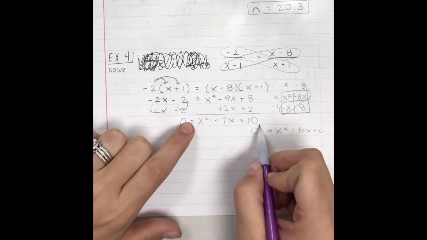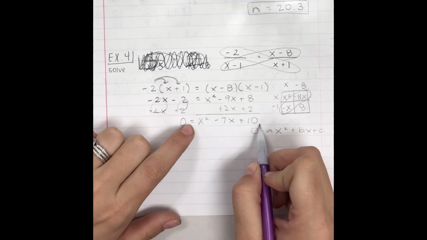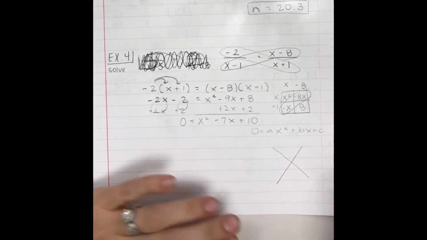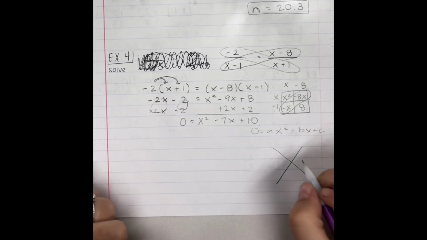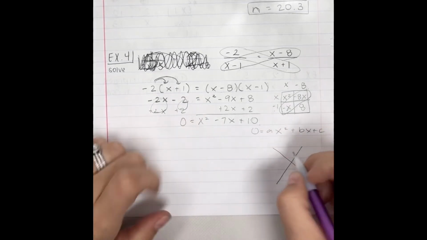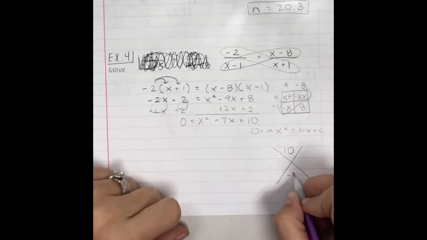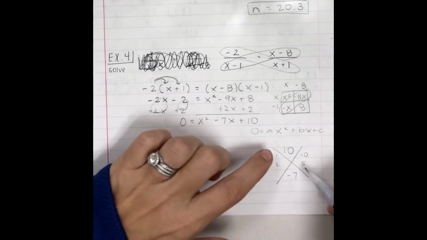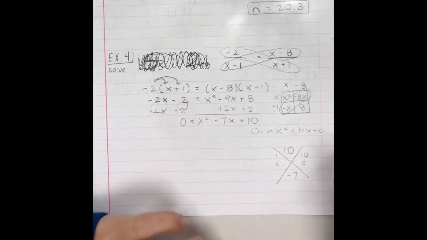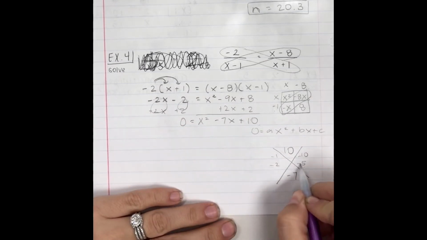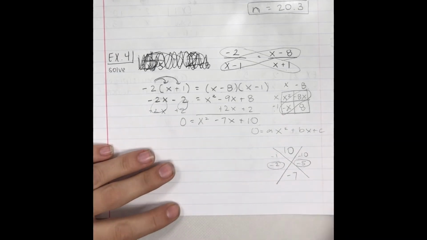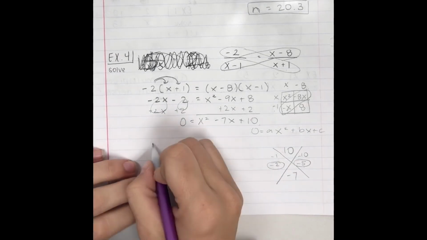Now we have our trinomial of our quadratic, so we are going to factor that using our x box. So a times c, 1 times 10 is 10, my b is negative 7. In order to multiply and be positive but add to be negative, both numbers would have to be negatives. And the ones that add up to be negative 7 are negative 2 and negative 5.